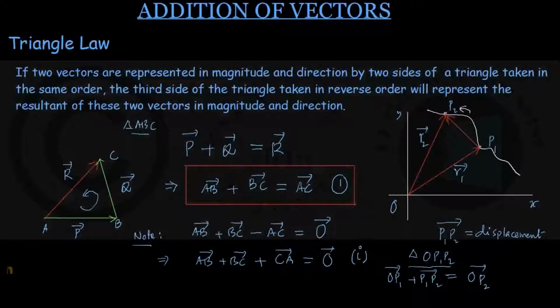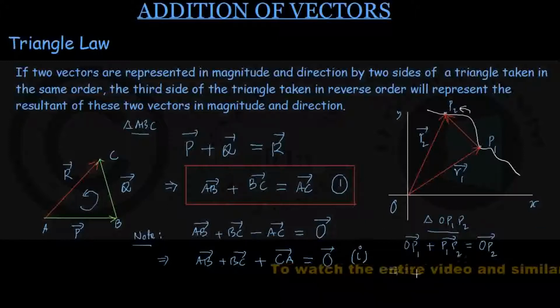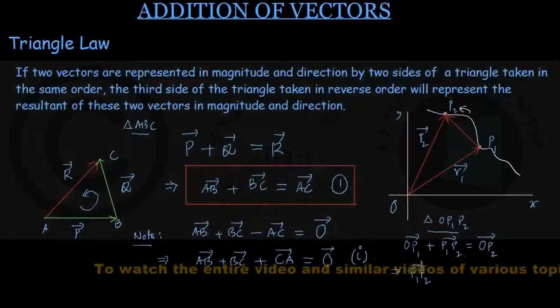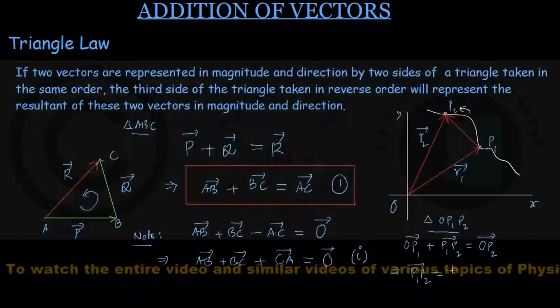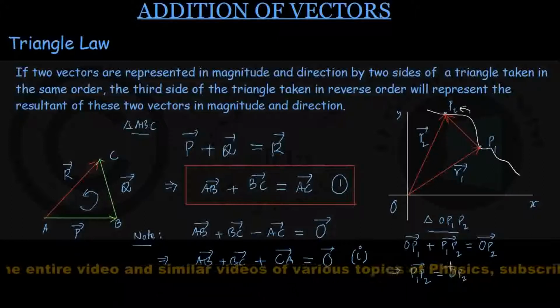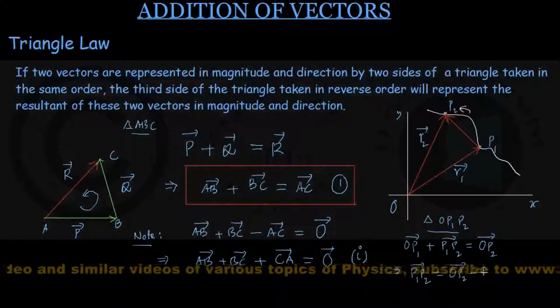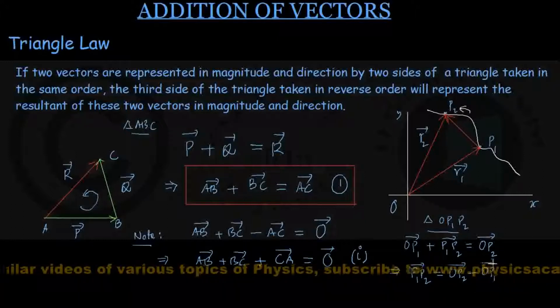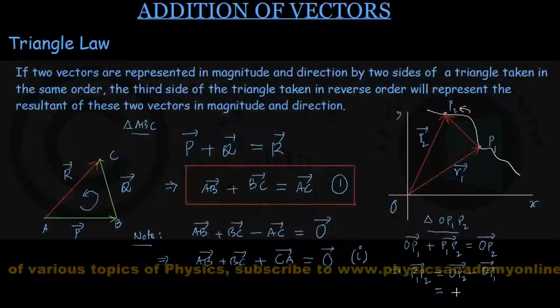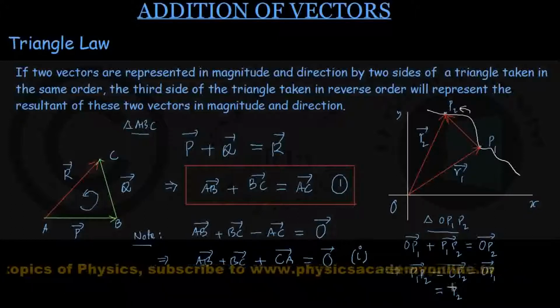But as you can check from here, OP1 is nothing but R1. OP2 is nothing but R2. Then what is P1, P2? So the displacement P1, P2 is coming out to be OP2 minus OP1, is equal to OP2 being R2 and OP1 being R1.